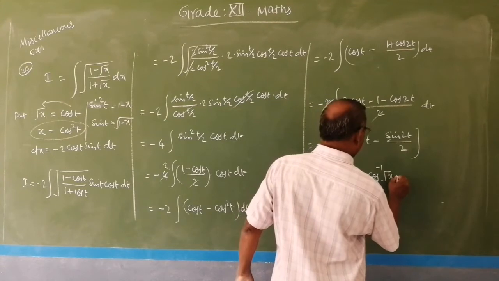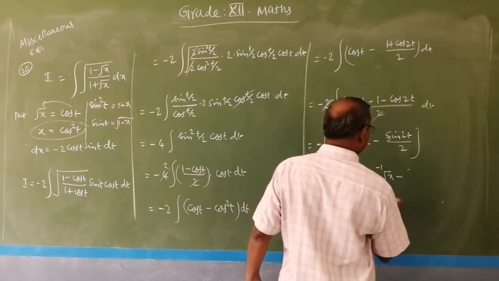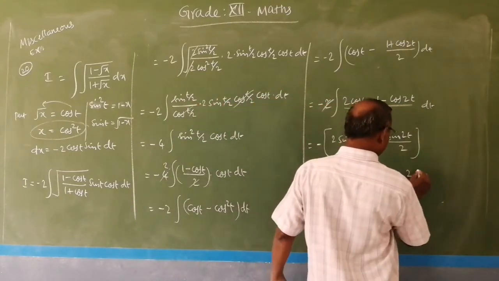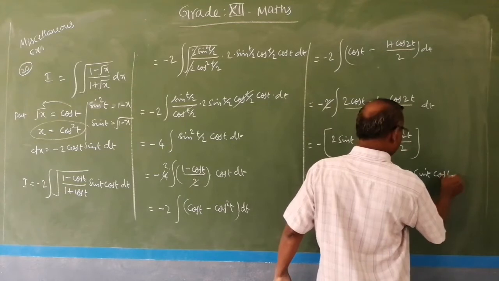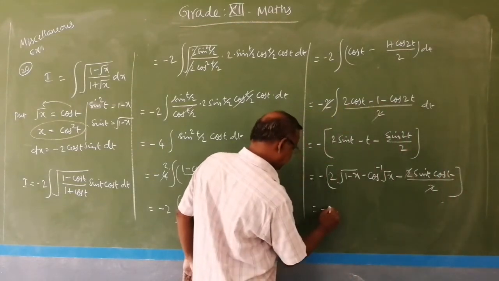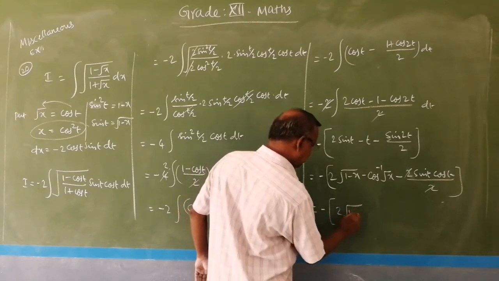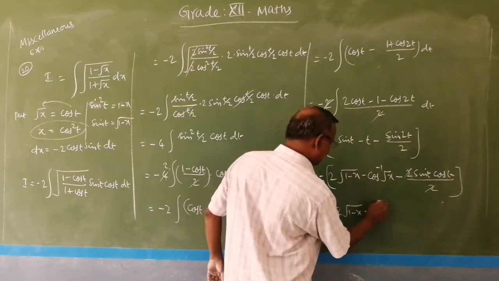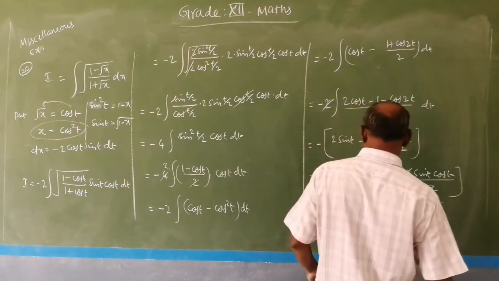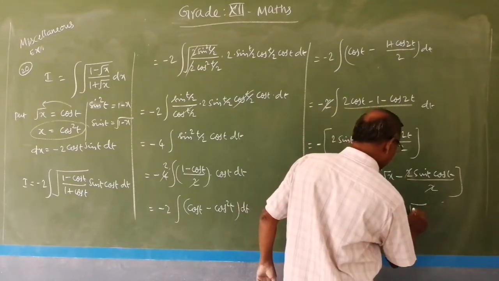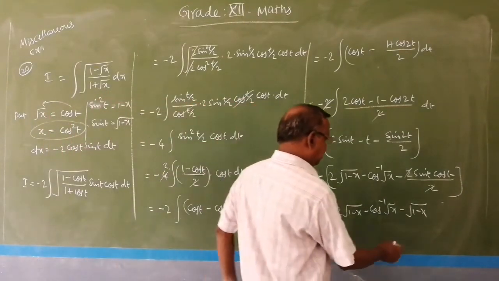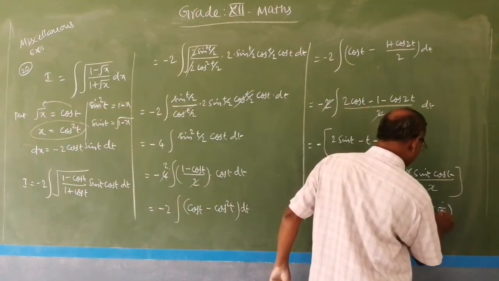So, cos inverse of root x minus sin 2t. Sin 2t equals 2 sin t cos t, divided by 2, so that can be cancelled. That is equal to minus of 2 into root of 1 minus x minus cos inverse of root x, and minus sin t means root of 1 minus x, and cos t equals root x.